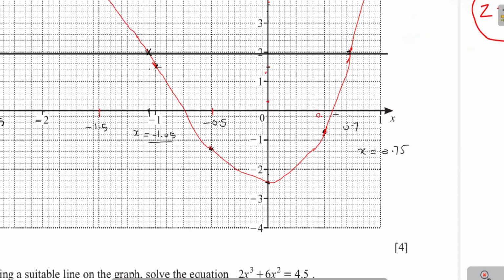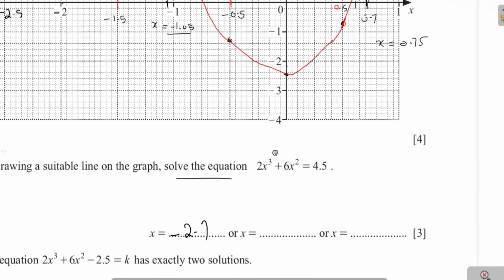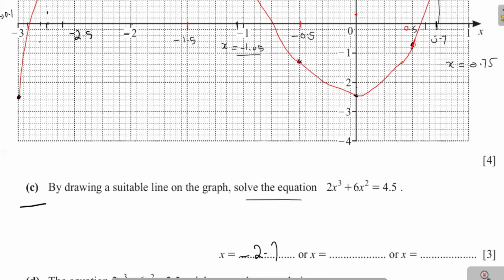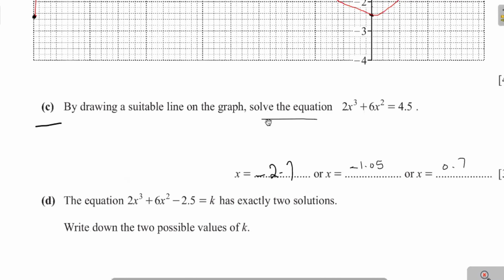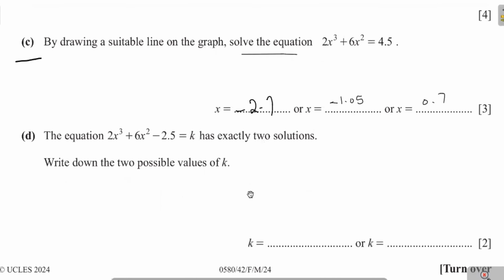Next value, you see here, this is 0.5, 0.6, and 0.7. This position is x equal to 0.7. Therefore, the values of x are x equal to minus 2.7, minus 1.05, and 0.7. And this is the solution of this equation.